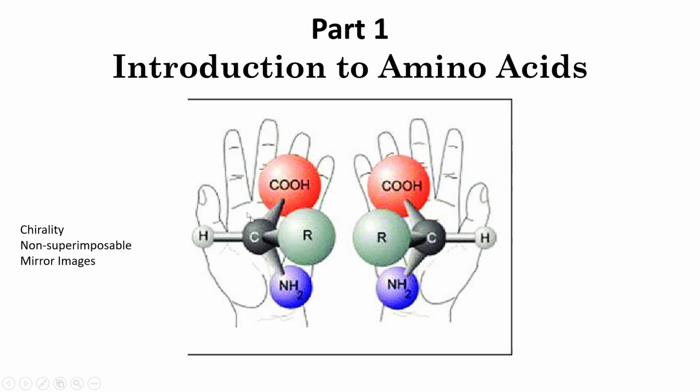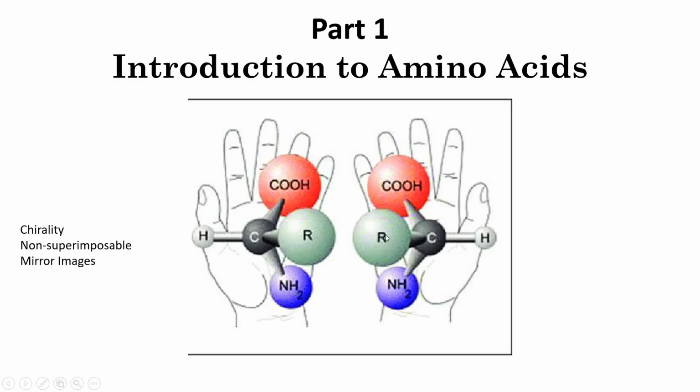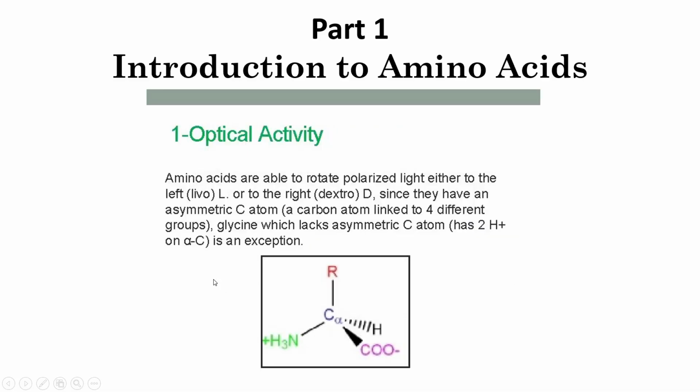If you superimpose all of these together, R will go here and H. So basically you cannot superimpose them. That's why they are called non-superimposable, as the side chain is the one which changes. As I just mentioned about optical properties, about L and D, the L isomer and D isomer, those two mirror images can also be called enantiomers basically.